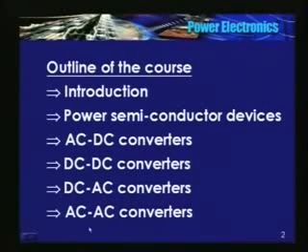And last one, there will be AC to AC converters also. Input is also AC, output is also AC. So we will study these various converters in detail. Simultaneously we will study where exactly these converters are being used in real time or real life situations.